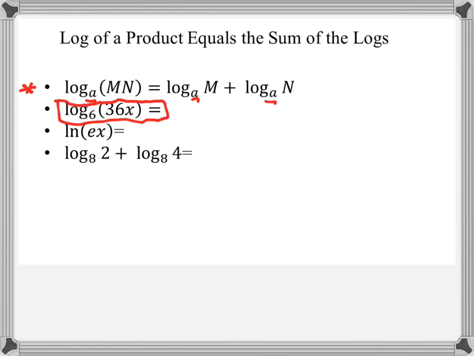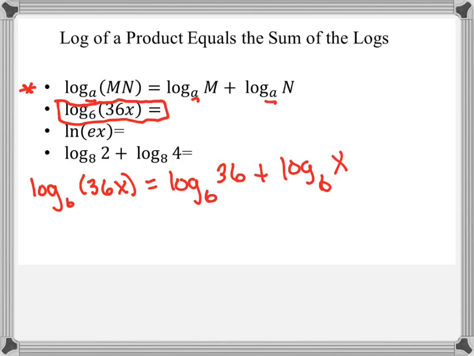So let's look at this first example. Log base 6 of 36x. We can rewrite this as log base 6 of 36 plus log base 6 of x. And this first expression, log base 6 of 36, we're going to see if we can simplify that using what we learned earlier. We'll set it equal to x.